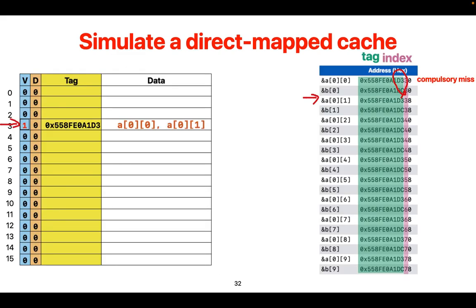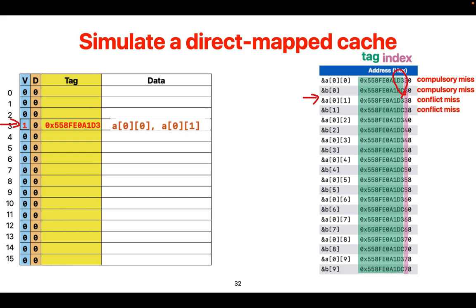I did have A01 here before, but someone kicked me out. So it turns out that would be a conflict miss. Now, when I access B1, hit or miss? Miss. What kind of miss? It's a conflict miss.